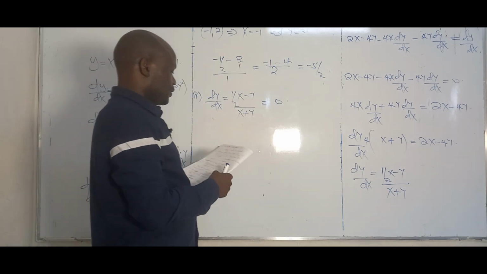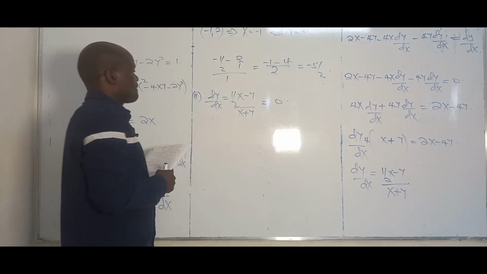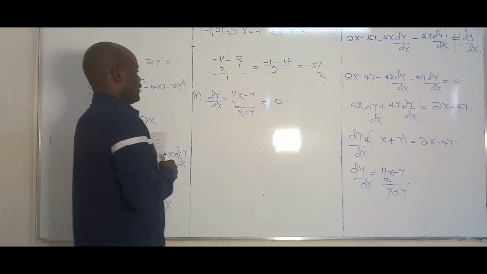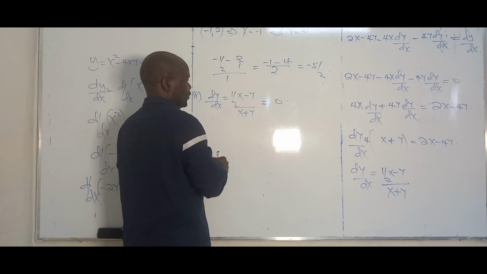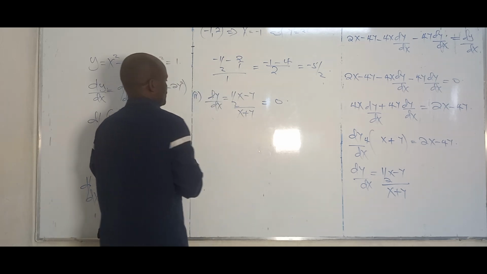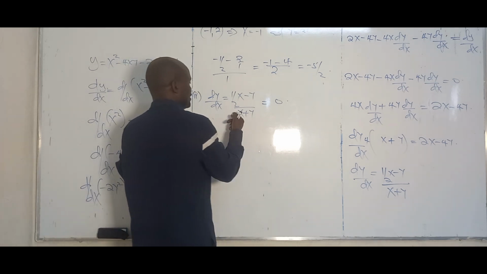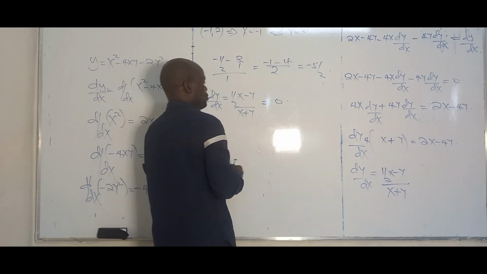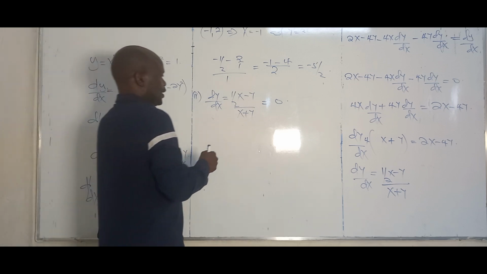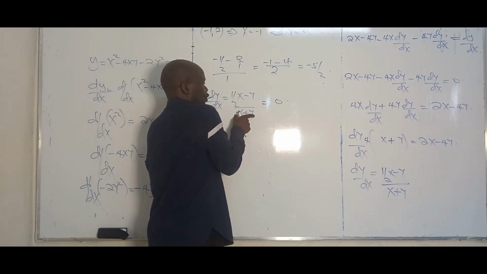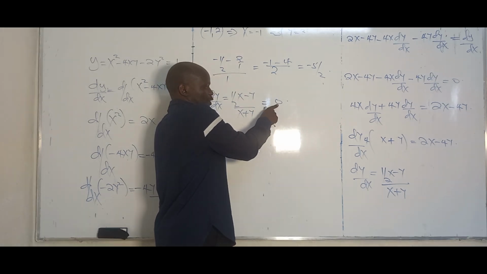And if we do this, let's see. If dy dx, the gradient itself, is 0, what does it mean? Is it the numerator or the denominator which should be 0? Because if the denominator is 0, then we are going to have a very big value here. This value will not be 0.